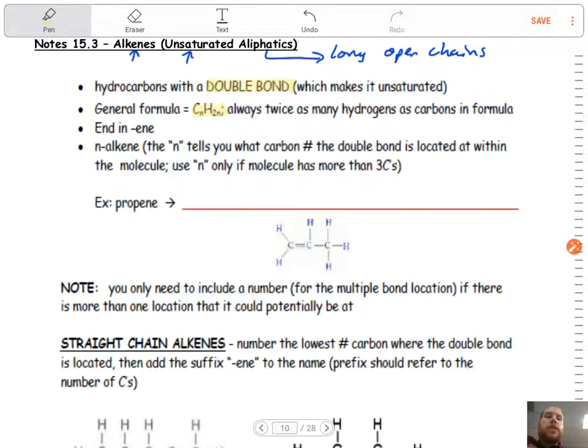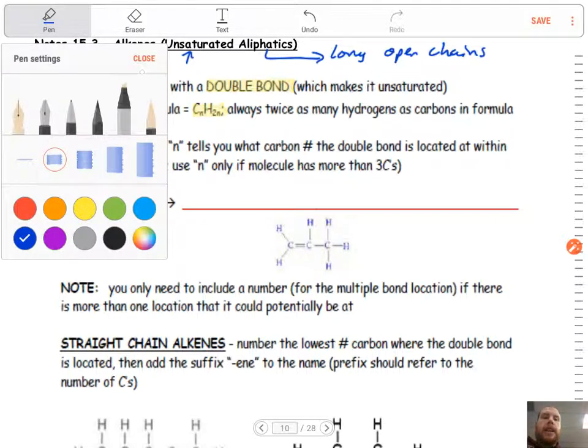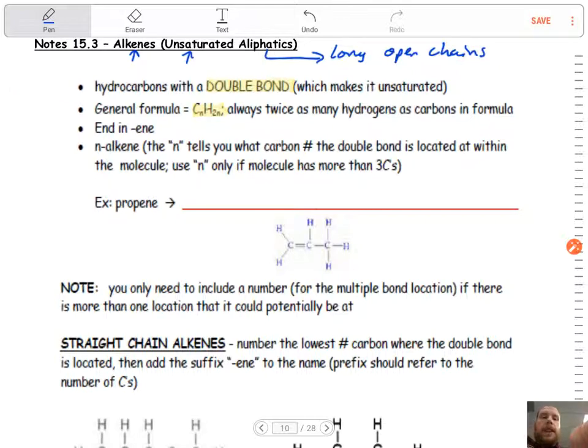So if you're given something like C4H10, there's your n value, so now you can plug that into your formulas and see, would this be an alkene? Well, if I have C4, 2 times 4 would give me 8.